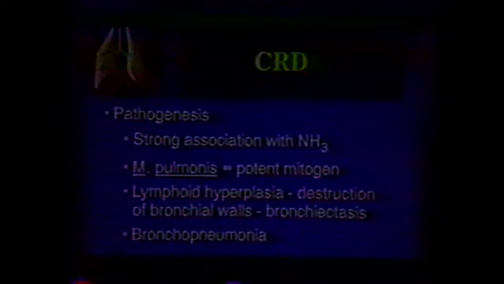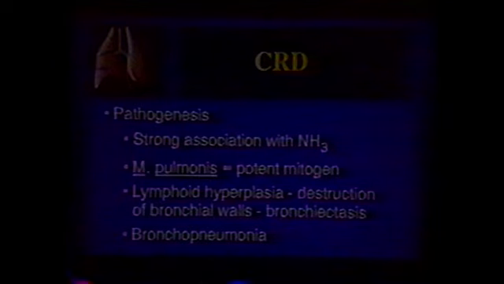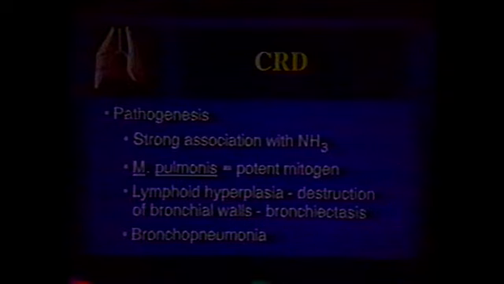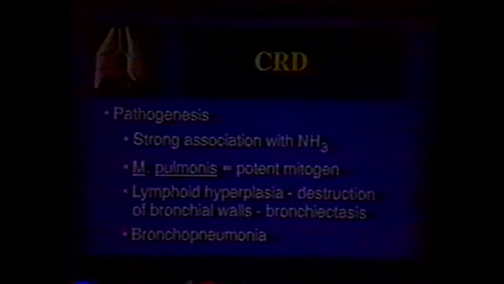So we began to see less of this disease when we started to pay close attention to airflow and take care of the air handling properties, and that reduced the incidence of this disease quite a bit. I mentioned that Mycoplasma pulmonis is a potent mitogen, which is why we tend to see lymphoid hyperplasia in the BALT in this disease. And by the way, that's a hallmark of Mycoplasma infection in other species as well.